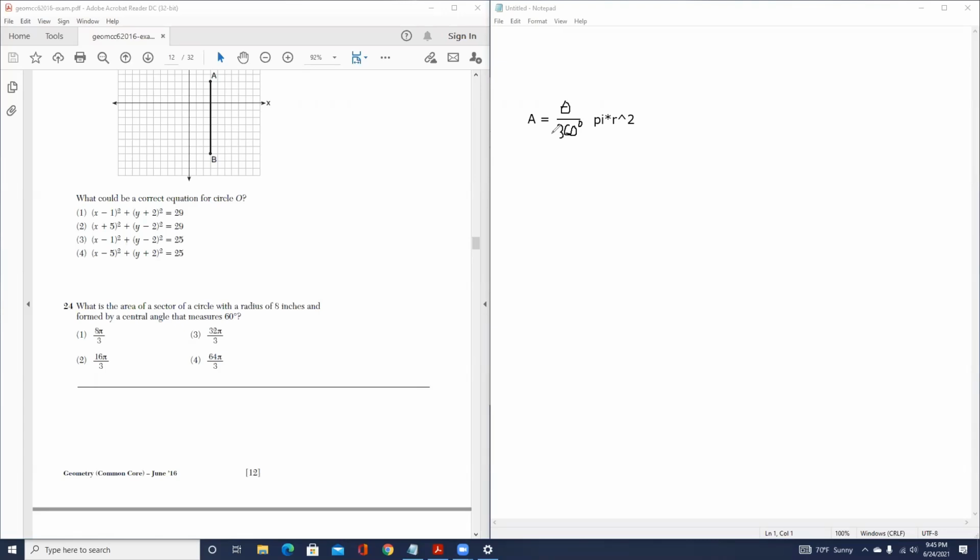If you had it as radians, then the bottom 360 degrees would be replaced by 2 pi radians.